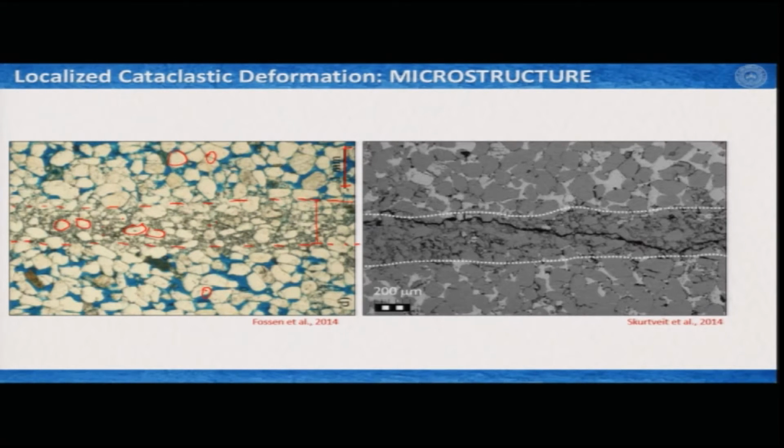We can also see the second image. This is a scanning electron microscope image, that is why it is in grayscale. What we see here is a more or less very similar feature. We have larger grains outside, these are sand sized grains. The dark gray grains are sand sized grains, and the lighter gray is the cement which filled the matrix.